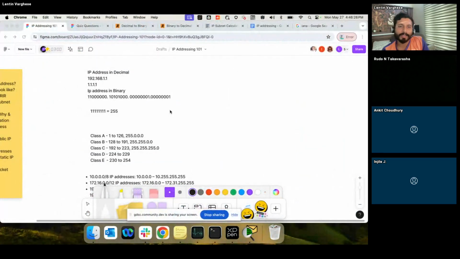Okay, let's get to the subnetting part now. Say that you are the network administrator for an organization. There are different departments: finance, HR, support.